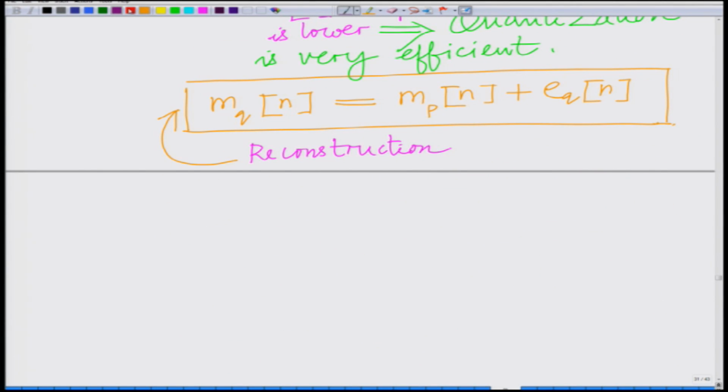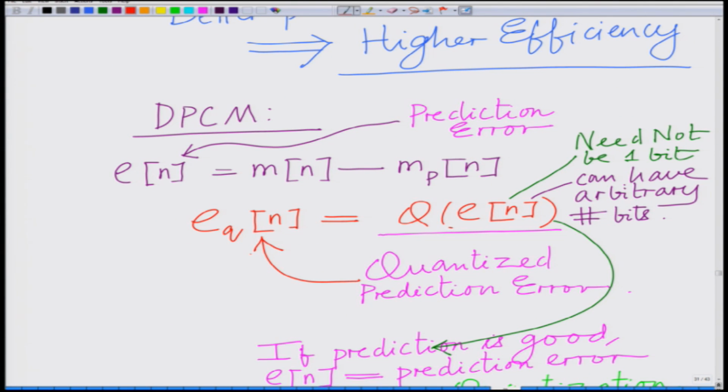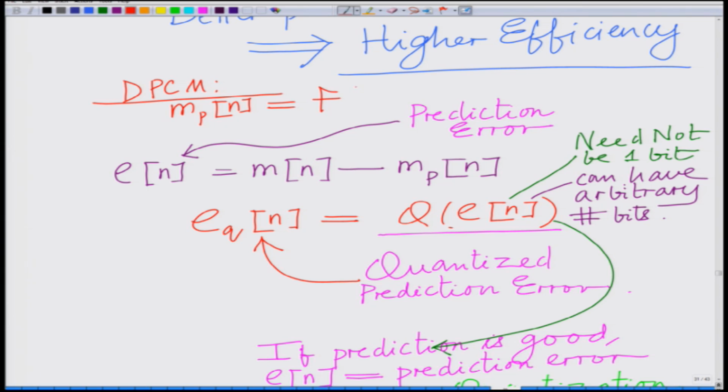And finally, the prediction. In DPCM, your mp[n], the prediction, equals f, where f is the prediction function, of mq[n-1] up to mq[n-l].